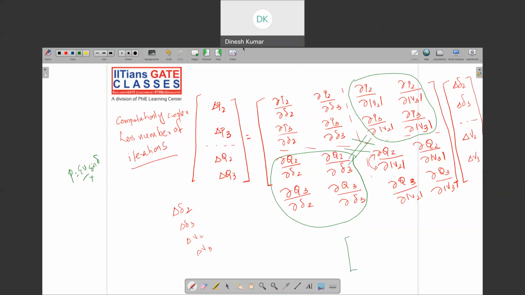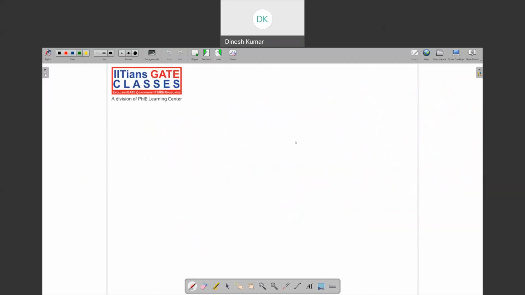I will write on the next page. If we consider the decoupled case, delta P2, delta P3, delta Q2, delta Q3 will be equal to some matrix here.